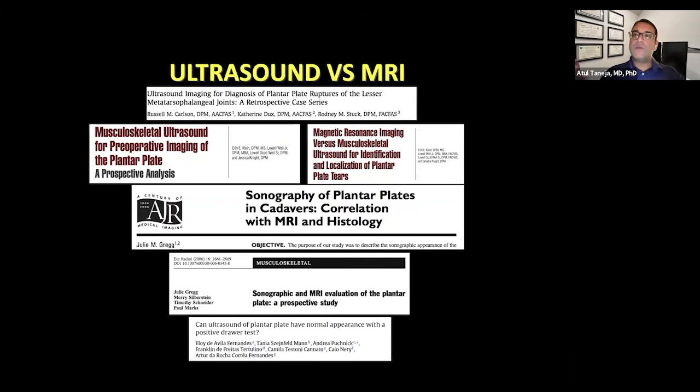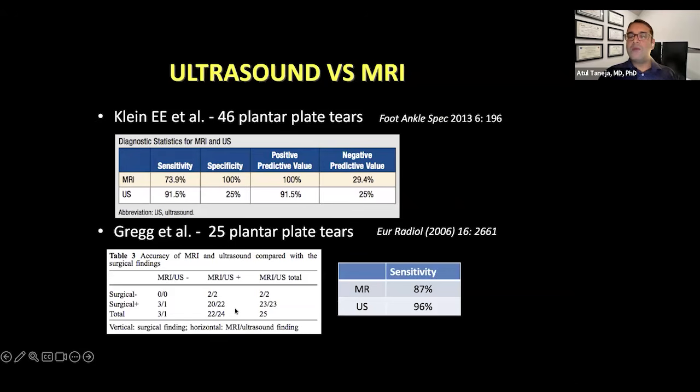Many studies have tried to compare the accuracy of ultrasound and MRI. Both are very good. You can use both in your routine. What studies have shown is that MRI has higher specificity while ultrasound has higher sensitivity, but they are very comparable when it comes to the overall accuracy, all right?